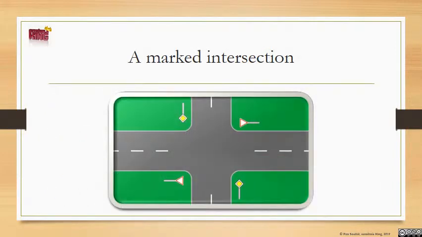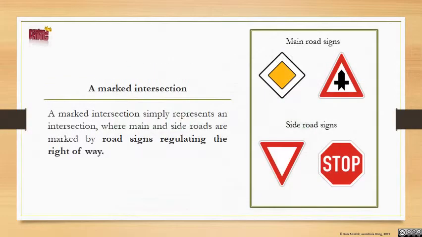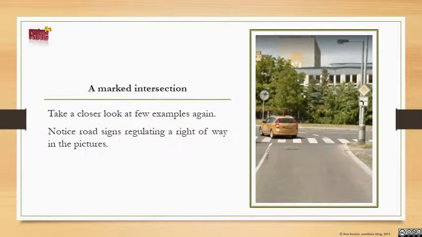A marked intersection. A marked intersection simply represents an intersection where main and side roads are marked by road signs regulating the right-of-way. Take a closer look at a few examples again.